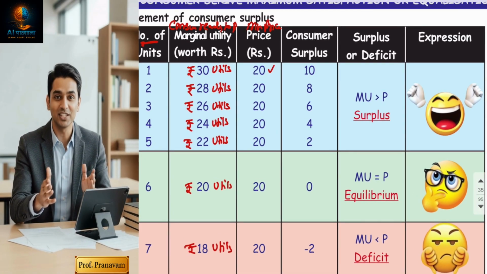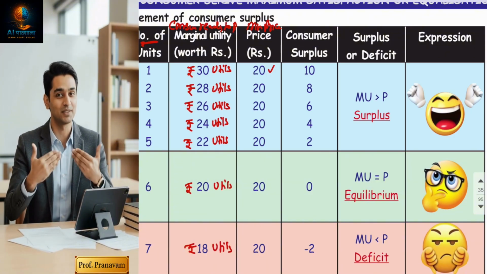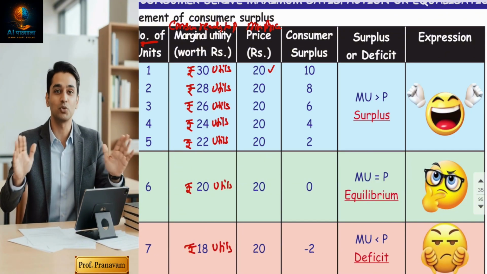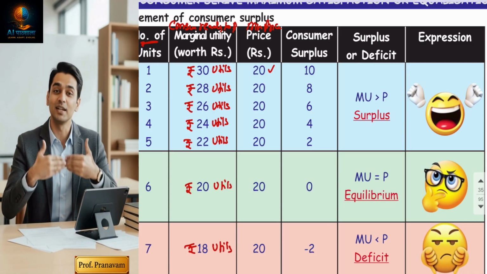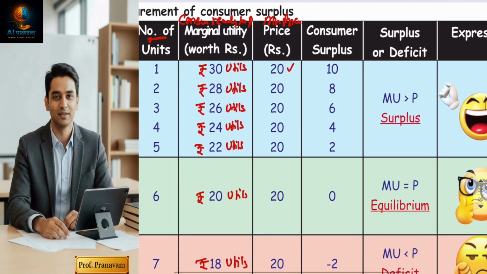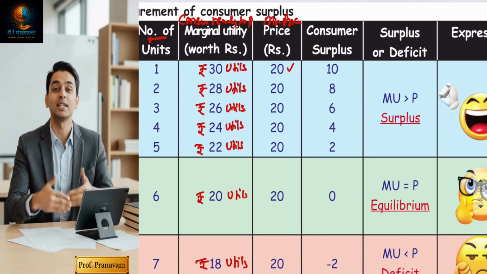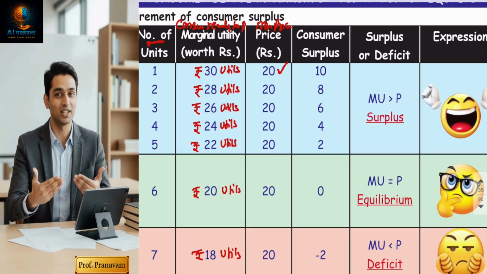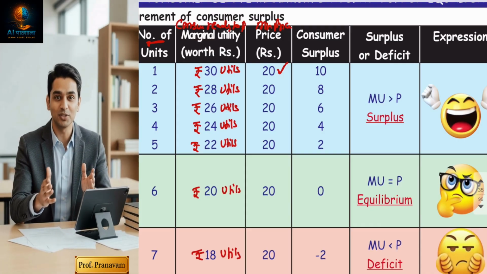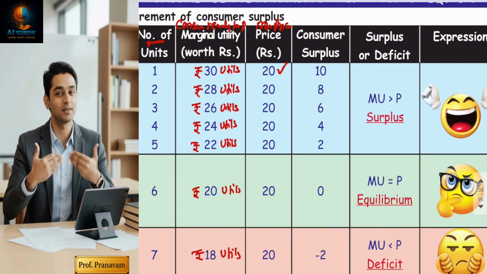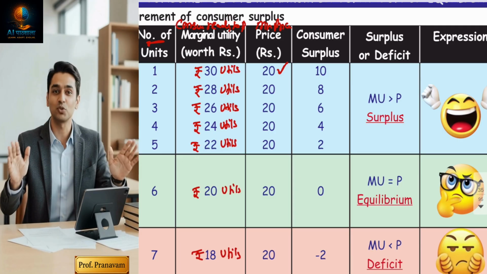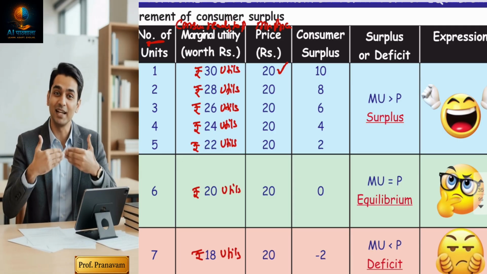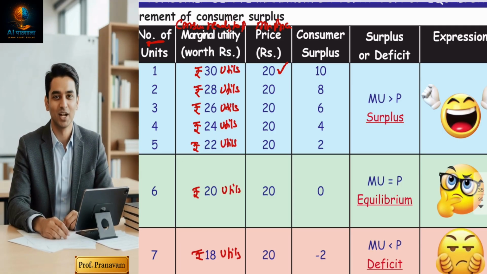The moment I saw the first slice of pizza, I felt anticipated satisfaction. This first slice of pizza is going to give me 30 utils of satisfaction. My god. So I'm ready to spend 30 rupees. I'm mentally prepared that it's worth buying at 30 rupees. But when I asked the pizza shopkeeper, he told me this slice of pizza is 20. I got shocked. Huh? It's worth buying it. Am I correct? Yes. So at that time, what I was feeling is I was ready to spend 30 rupees.